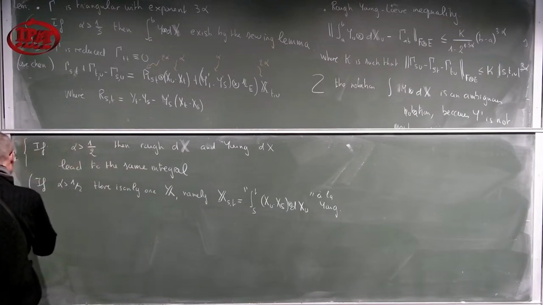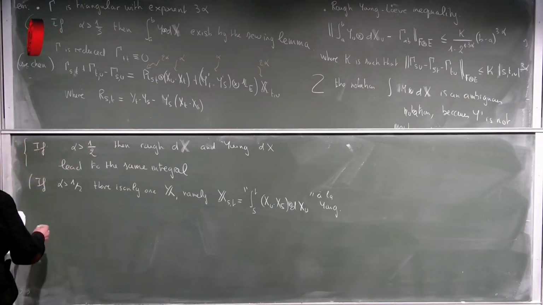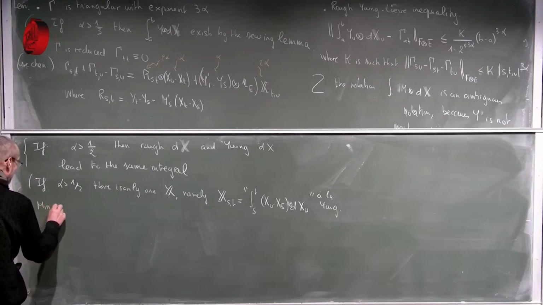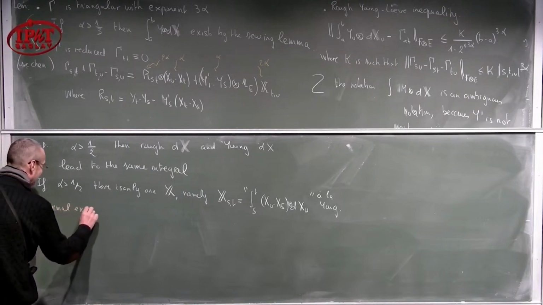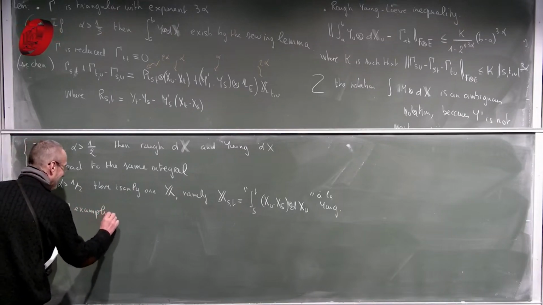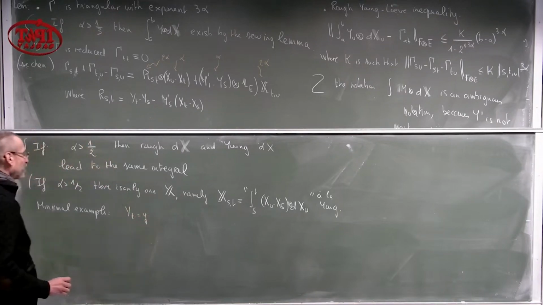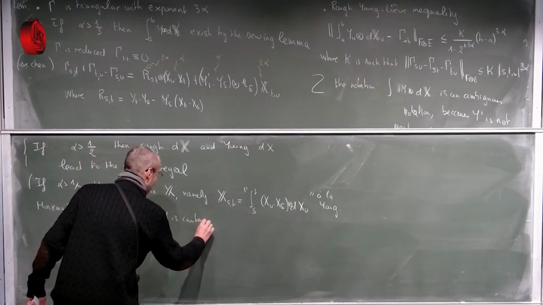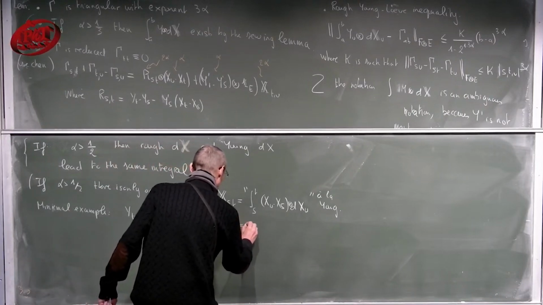And now there is something which is somehow, well, crucial or not, I don't know. So, minimal example. Y is a constant map. Y prime equals 0.